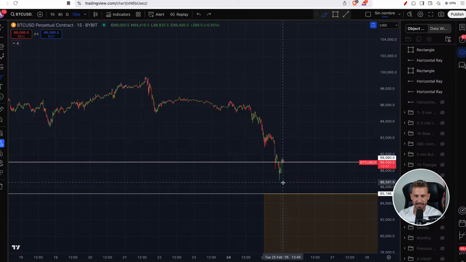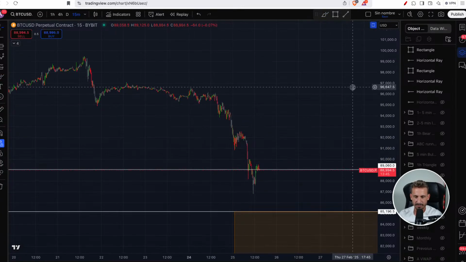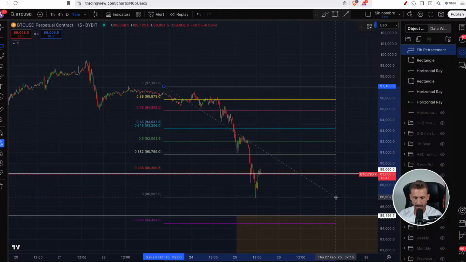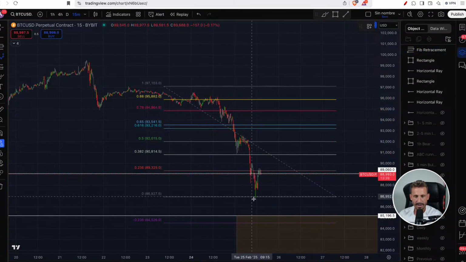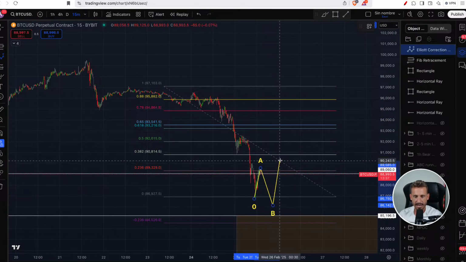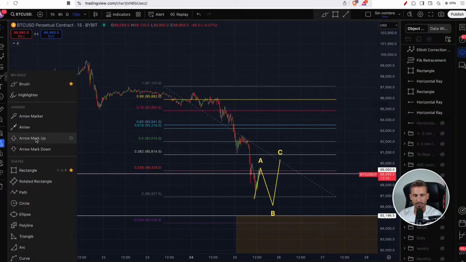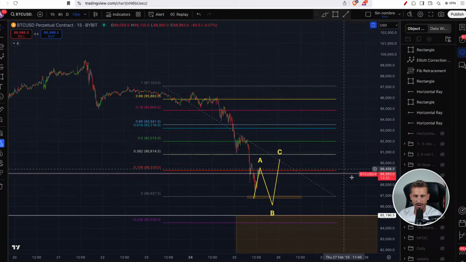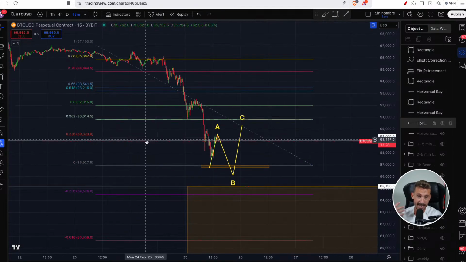We are getting rejected at the 0.236 Fibonacci, which I would be considering a double bottom locally to form an ABC flat here if the price does recover above the recent lows. I will only long this as a day trade, right?